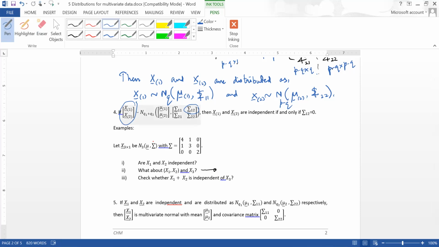Now I'm asking whether x1 plus x2 is independent of x3. How can we find that? Do we directly have the joint distribution of x1 plus x2 and x3?